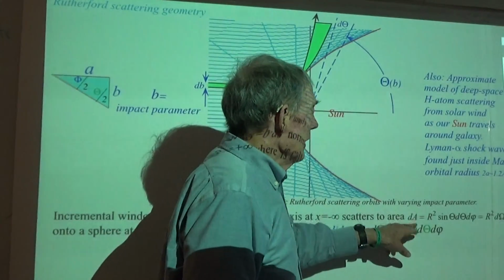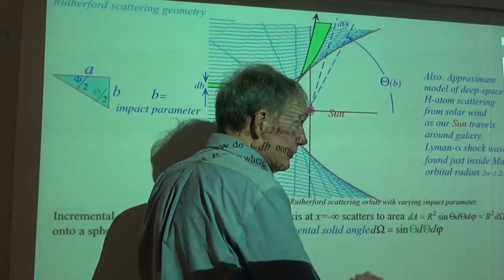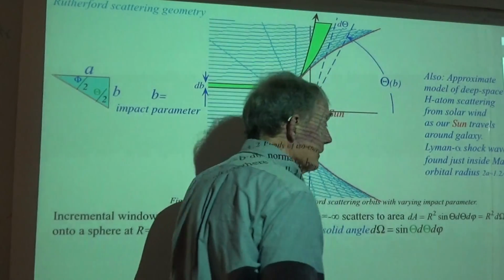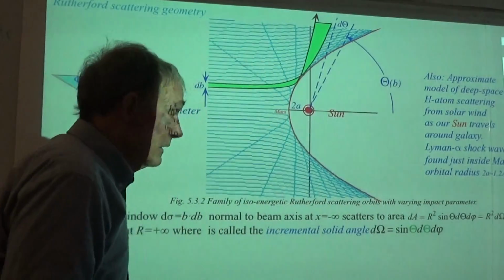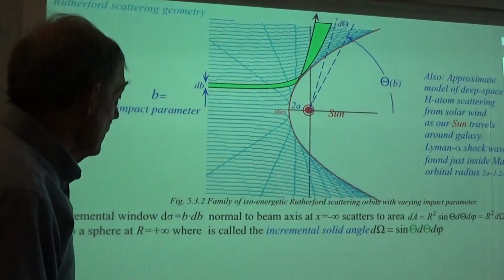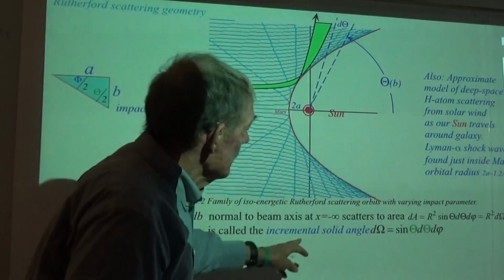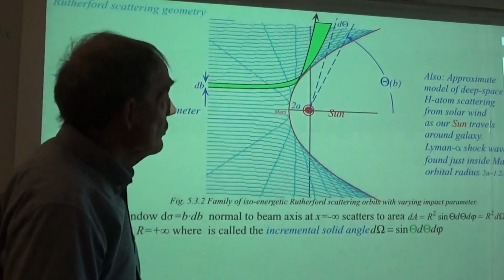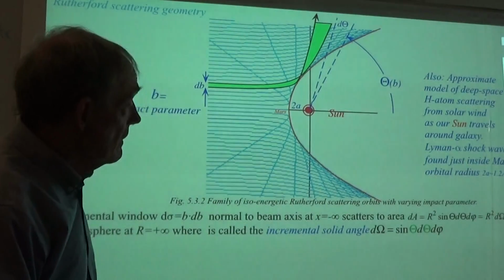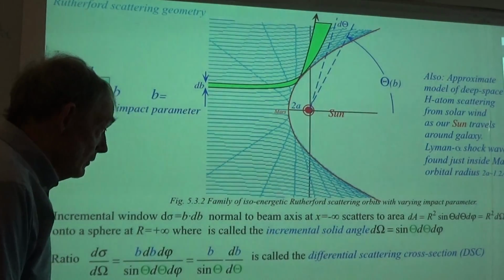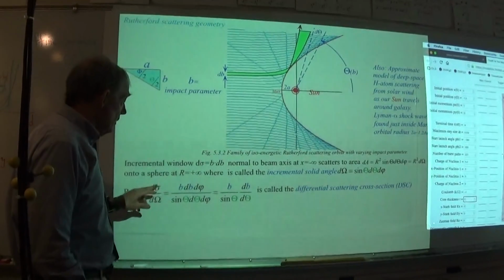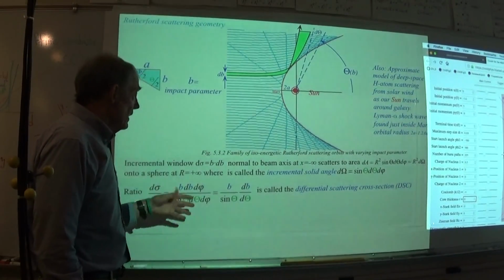We're talking about an area that is just the polar metric, sine theta d theta d phi, and phi we can pretty well drop out fairly quickly here. So this is the incremental solid angle into which that will scatter. And the ratio of these two, d sigma to d omega, that's a derivative.